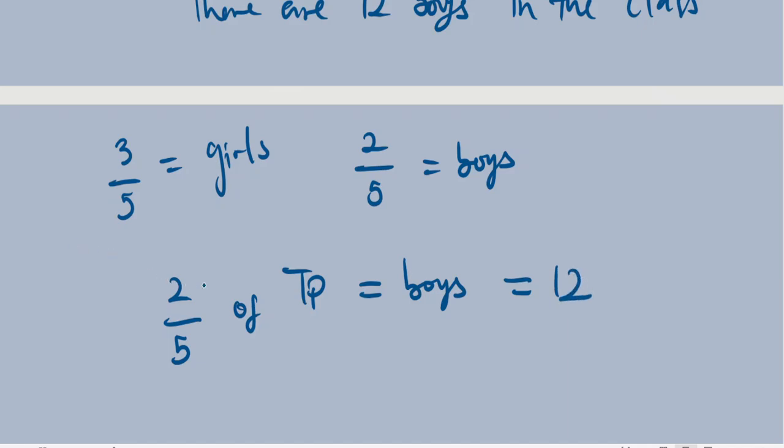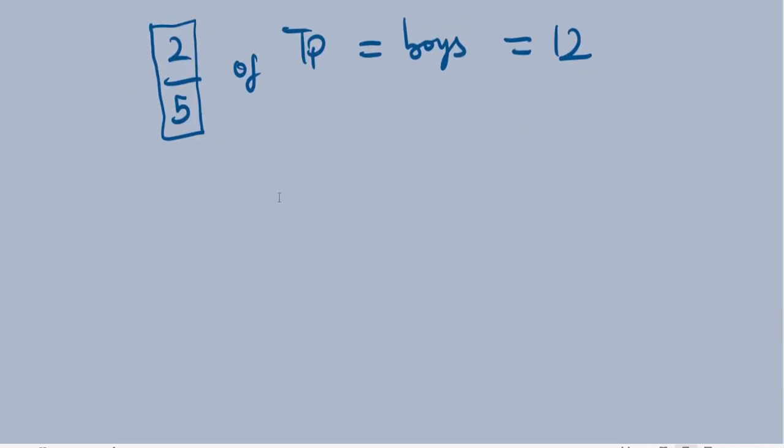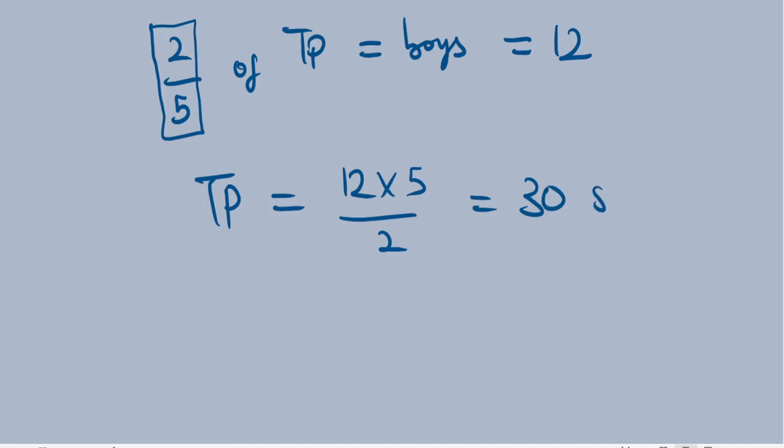Just the same method, multiply by the reciprocal of 2 over 5. What's the reciprocal of 2 over 5? It is 5 over 2. So the total population of the class is 12 times 5 over 2, which is 30 students.